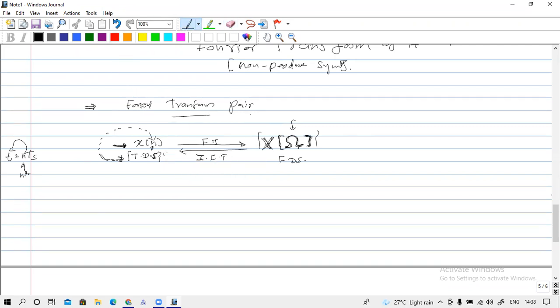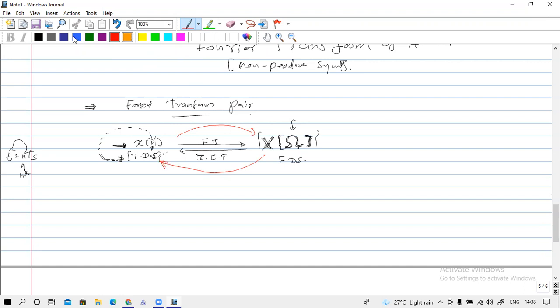So you know that this is time domain, and if you get the Fourier transform, you will have a frequency domain signal, and if you get the inverse Fourier transform of this frequency domain signal, you will have the original time domain signal.